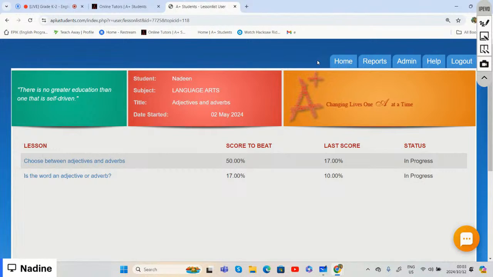So in our previous lesson, we spoke about adverbs, and we said adverbs tell us more about the verb. Adverbs tell us how, when, and where, but it tells us more about the verb. It describes the verb, it modifies the verb. Those are adverbs.